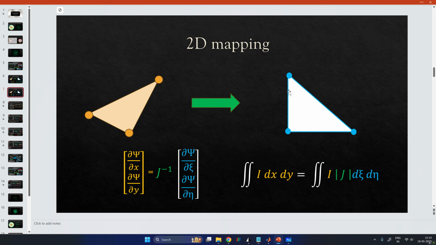We have to remember that there is a 0.5 factor involved here, because the area of this reference triangle is 0.5. In the case of quads, the area is 1, and typically when you use Gauss weights, you have a factor multiplying those weights. So in the case of triangles, you multiply by 0.5. Then you get accurate flux values at the boundaries. Otherwise, you would get twice the values.